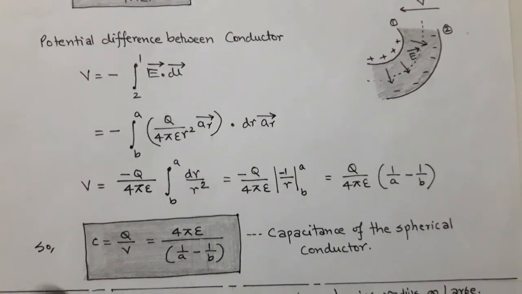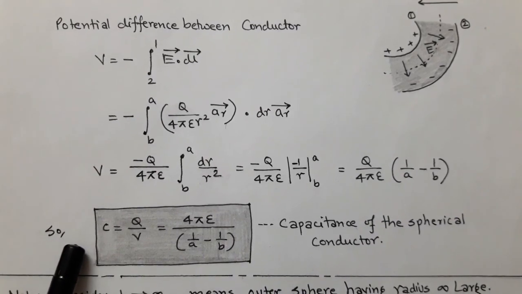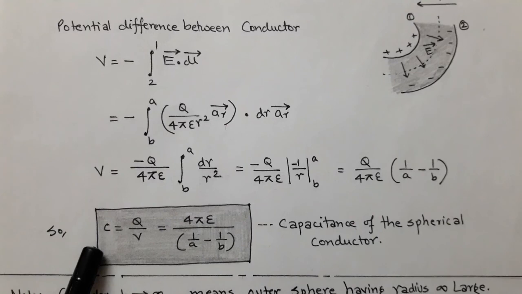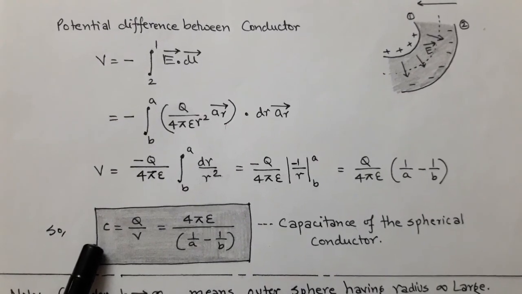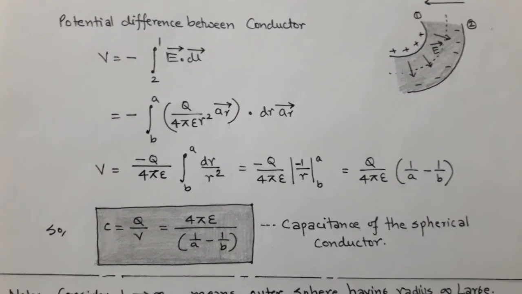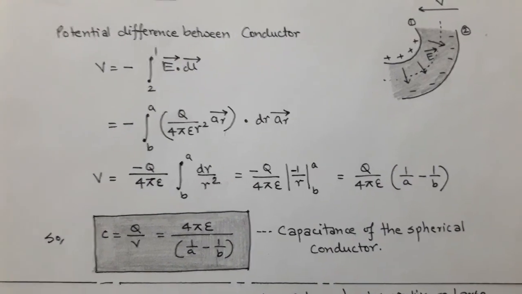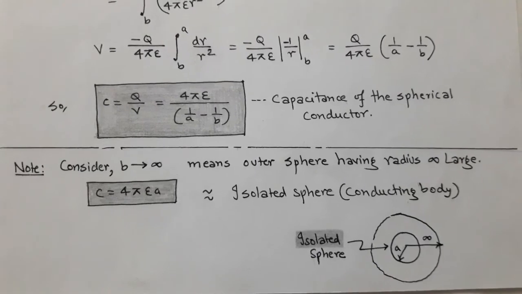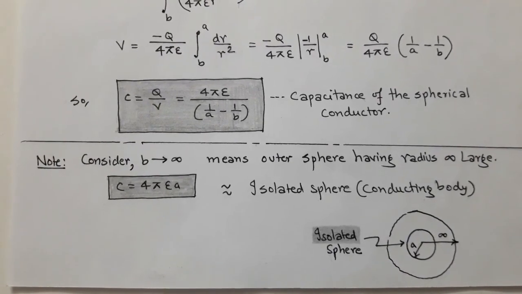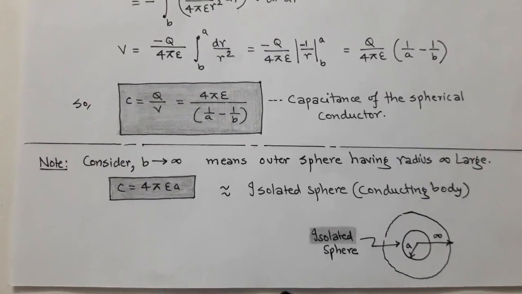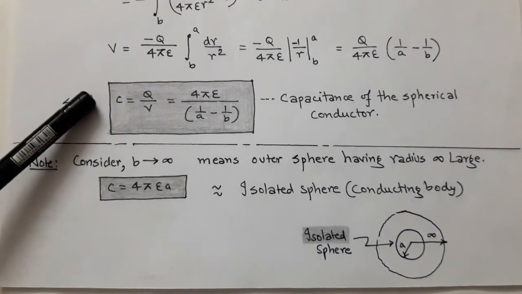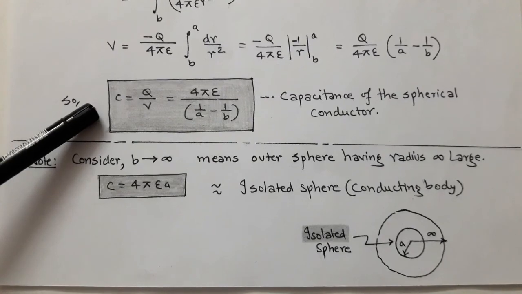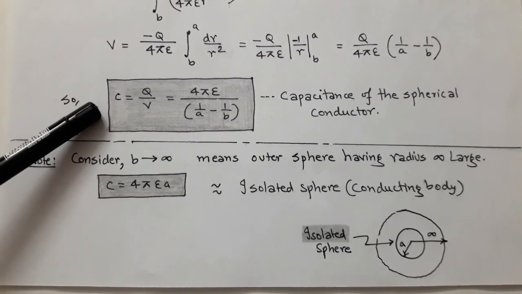After putting the limit values in place of r, we get q upon 4 pi epsilon within bracket 1 upon a minus 1 upon b. So this is the potential difference of the spherical conductor, and from this we can determine the capacitance of the spherical conductor, that is the ratio of q upon V. So we can write it as 4 pi epsilon upon within bracket 1 upon a minus 1 upon b.